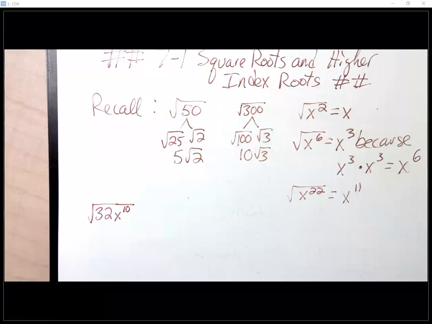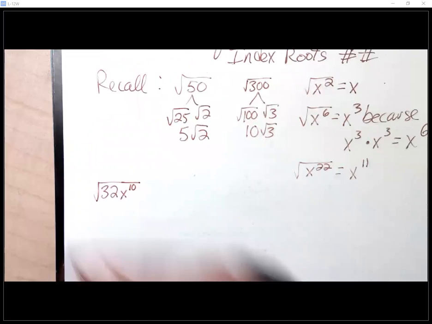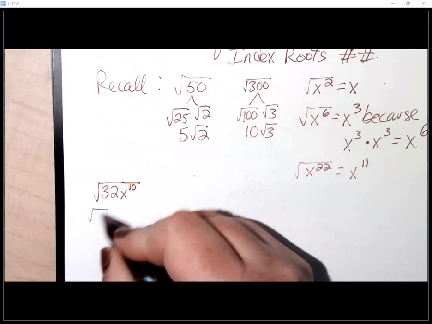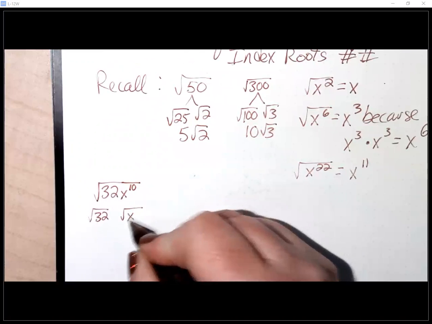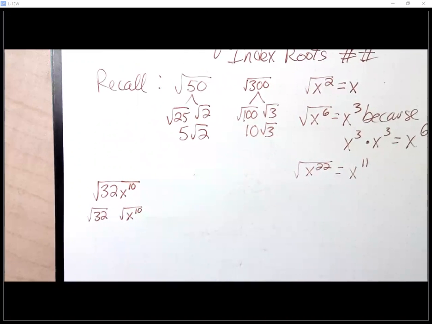Okay, so I'm dealing with a number and variable. You could break this up into two separate problems because the number and the variable really have nothing to do with each other. So I'm going to handle the square root of 32 and the square root of x to the 10th. Let's just focus on the square root of 32.